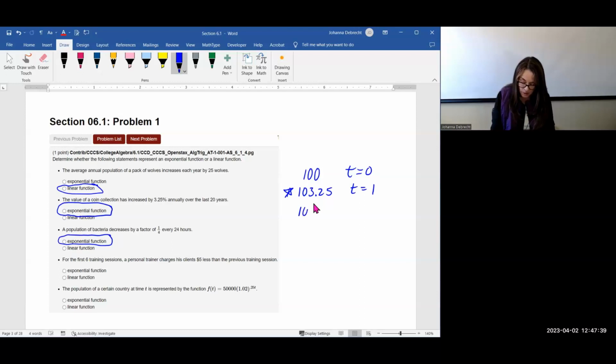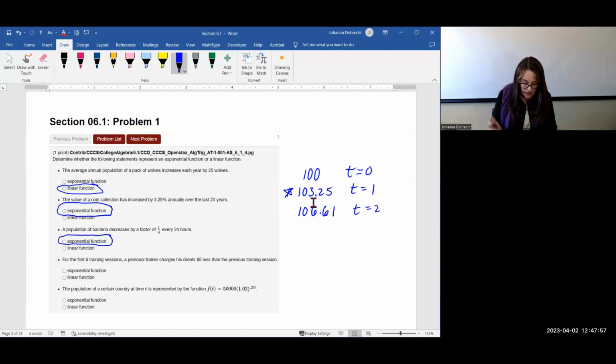This would come out to be basically 106.61. And that's when t equals 2. So you can see that we added more than 3.25 because I had some there already. So the amount of increase is changing each time.